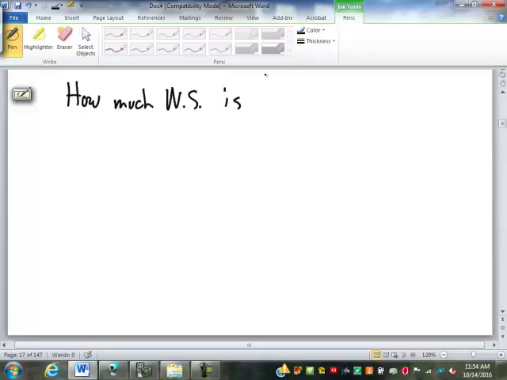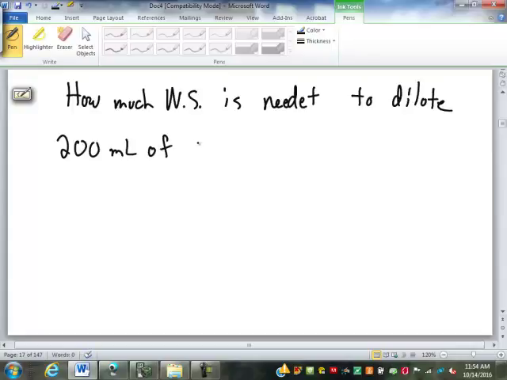So now we're going to ask how much NS is needed to dilute 200 milliliters of 32% solution to 8%.